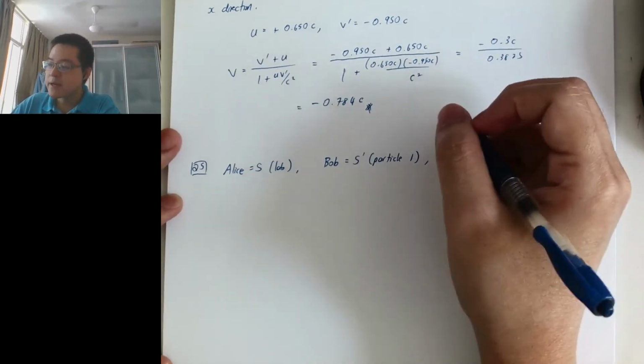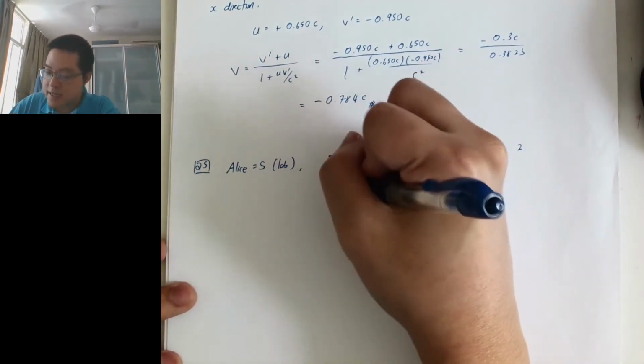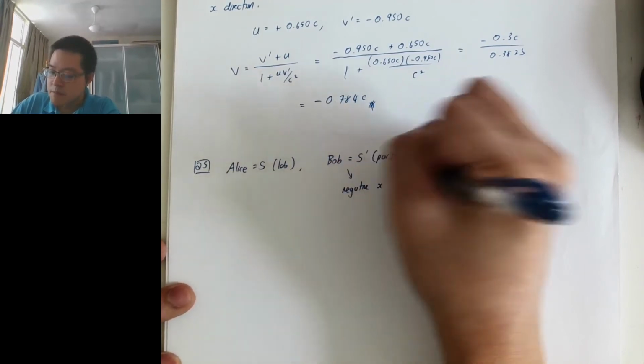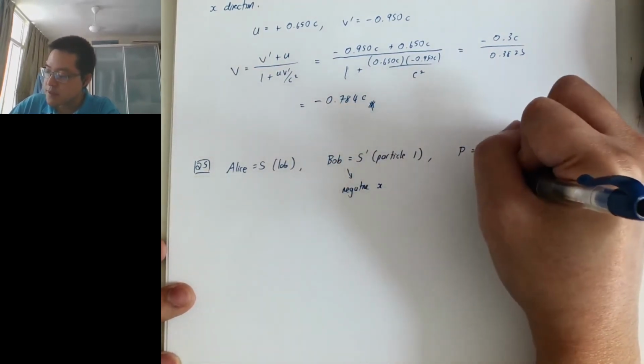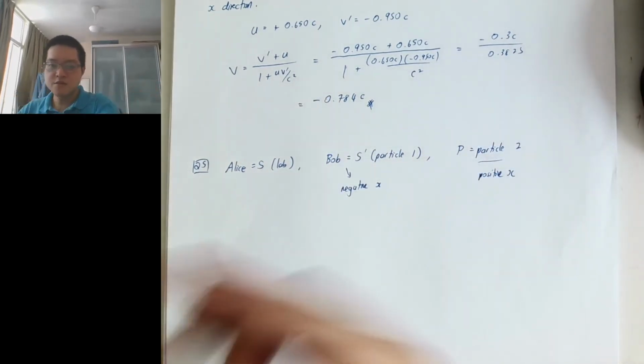Again, this is another scenario where they travel in opposite directions. So let us say that this is traveling in the negative x direction, and this is traveling in the positive direction. One is traveling to the left, one is traveling to the right.